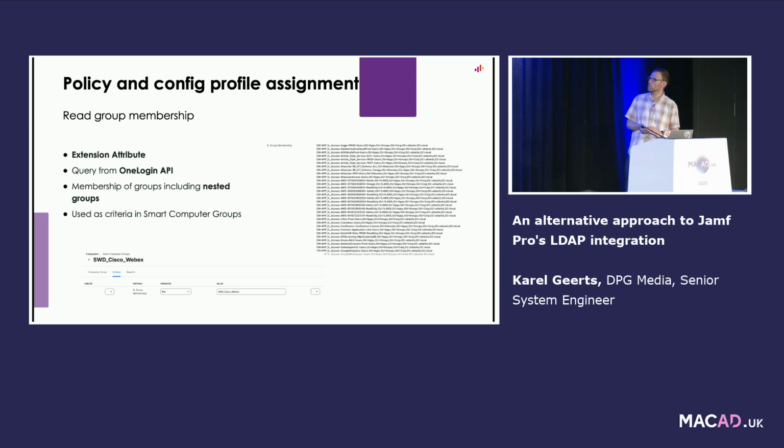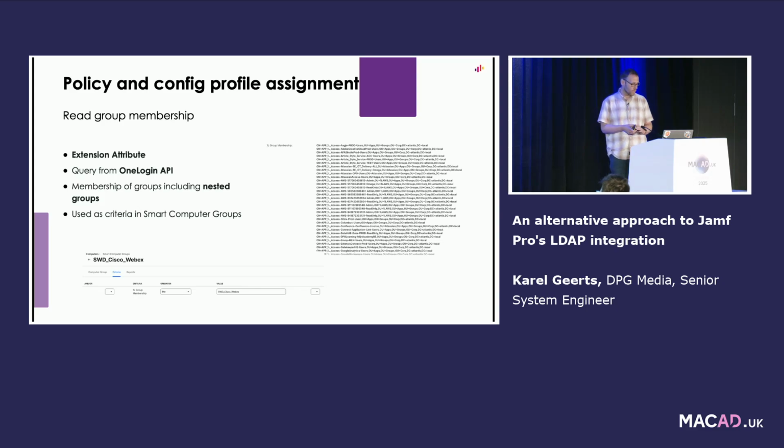This extension attribute uses the OneLogin API. And the good thing is that the membership of groups includes nested groups, which was not available with the LDAP integration. So it also has an advantage.